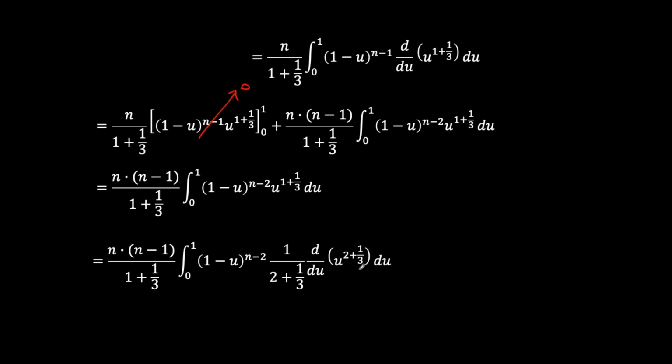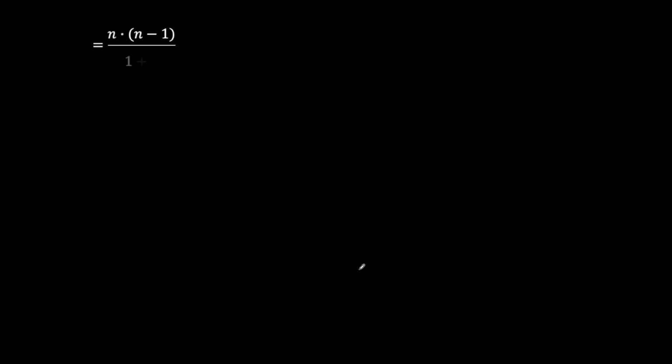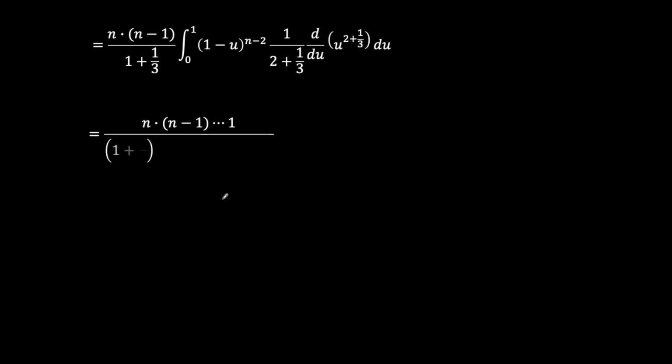And so the process continues on and on until we exhaust all the n's, right? So we have the process going on all the way from n to 1, and then from 1 plus 1 over 3, 2 plus 1 over 3, all the way up to n plus 1 over 3.